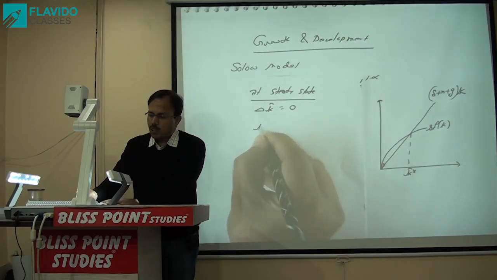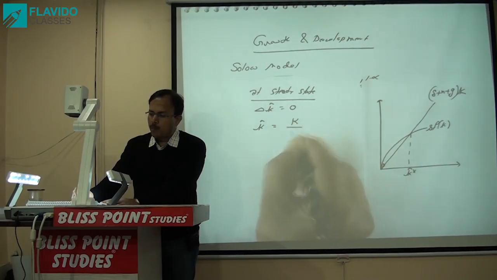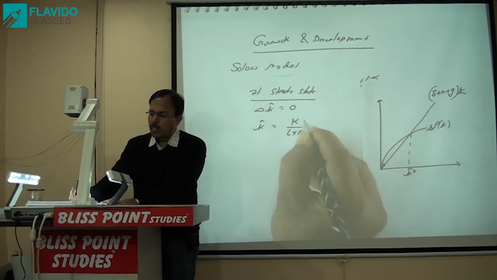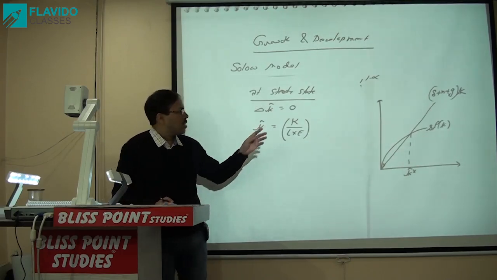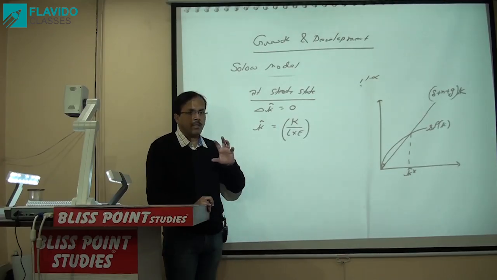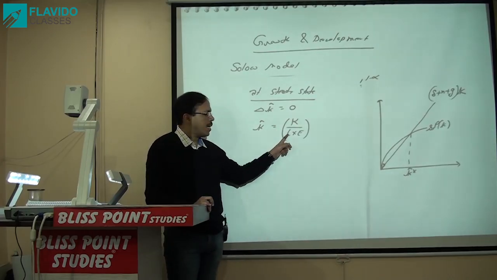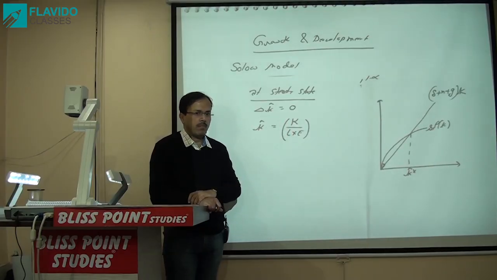Which means the term which is constant is K hat. But K hat is capital K upon L into E. This complete term is constant. So when can this ratio be constant? The ratio is constant, it means the growth of the denominator and the growth of the numerator must be the same. What is the growth of the denominator?